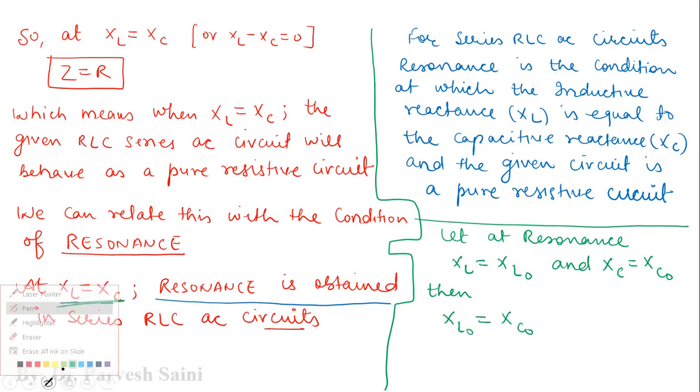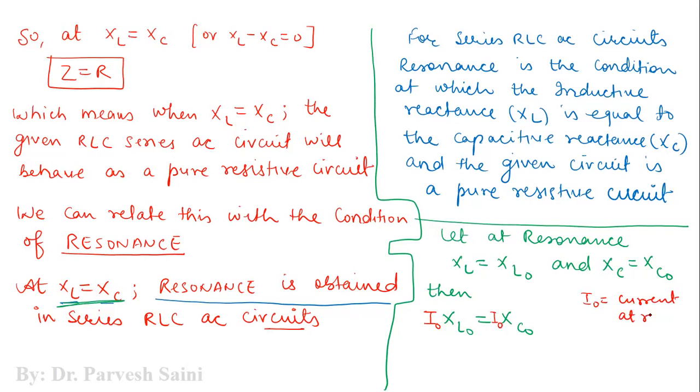Now if you multiply this with the current, let us take I naught instead of I, where I naught is the current at resonance.